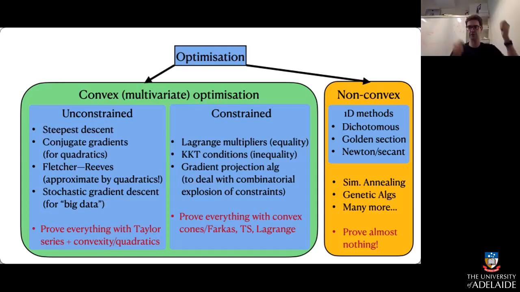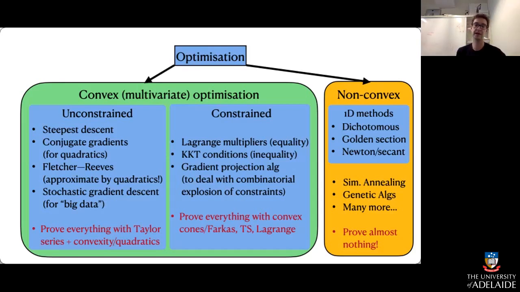We discovered that there was a problem though: as soon as I have lots of constraints, I get a combinatorial explosion of combinations of constraints that I have to check for where the minimum is. So we needed an algorithm to navigate through that. That's why we introduced the gradient projection algorithm, where the idea was to see: is my minimum inside my region? If not, it's going to be somewhere on the boundary. So move to the boundary and then navigate around the boundary, heading downhill, so that we get to the solution more efficiently.